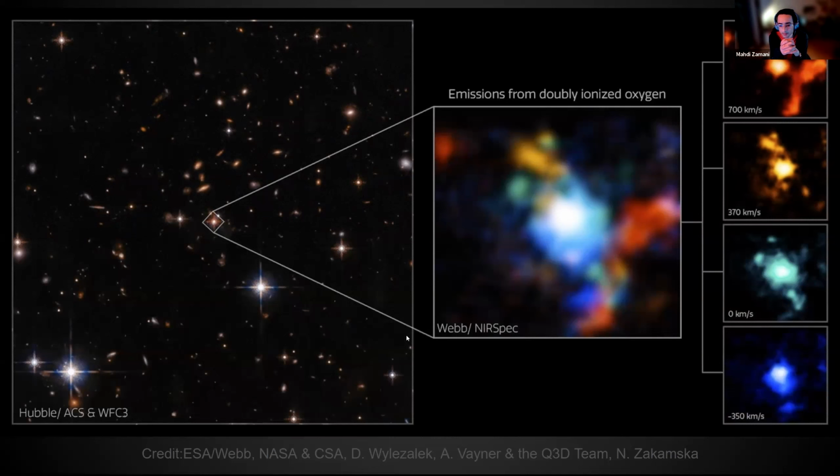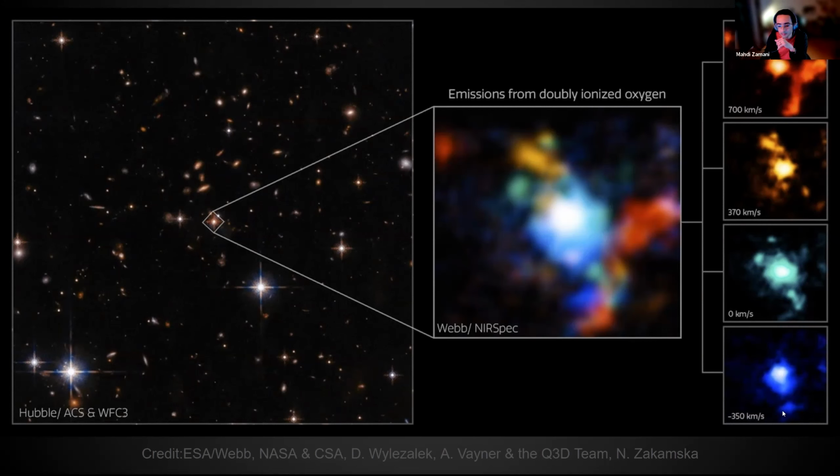And with the very high precision, NIRSpec, as I said, can also produce images, but it would look like this, a bit blurry and blobby. But it's very precise. As you can see, it can take a very high precision, high resolution image of a very small part of the sky.